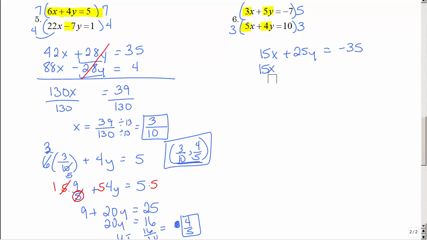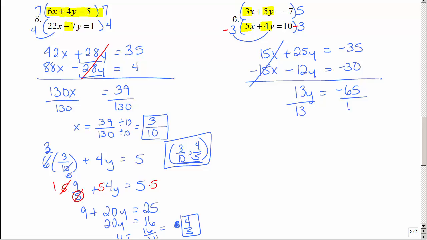So I need to multiply by not just 3, but how about negative 3? Or I could have multiplied the top one by negative 5, but one of them needed to be multiplied by something negative. So now we have negative 15x, negative 12y, negative 30. Now that's 0.